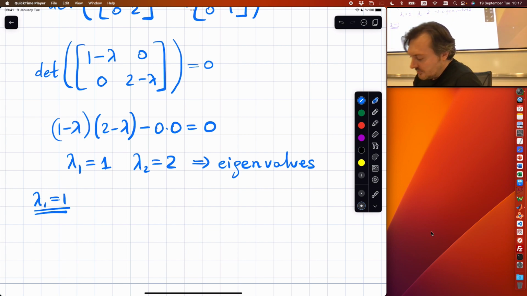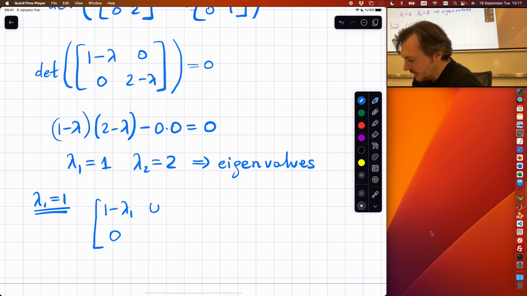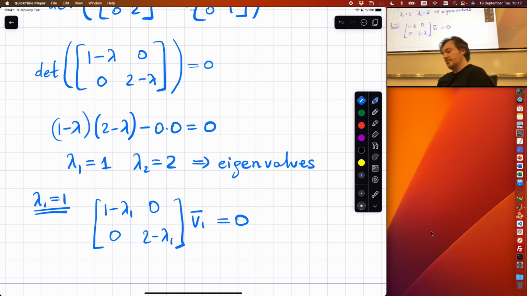So basically what we do is we take 1 minus lambda 1, 0, 0, 2 minus lambda 1, and we try to find V1 that would make it 0. We are looking for such a vector that would result in 0, 0. That's what we are looking for.